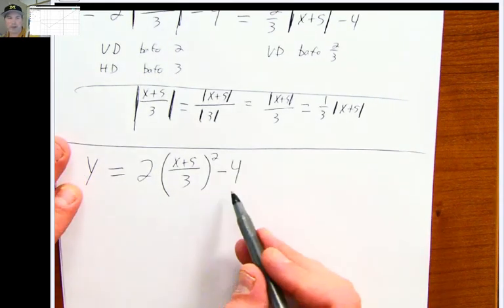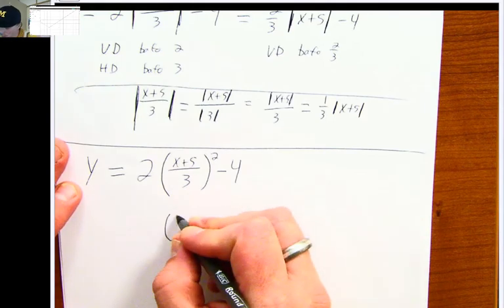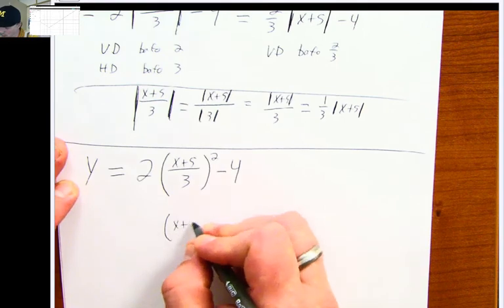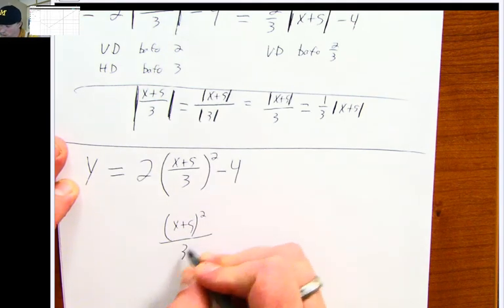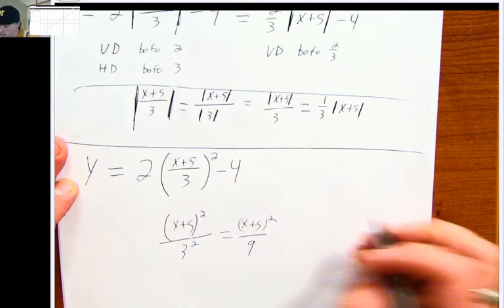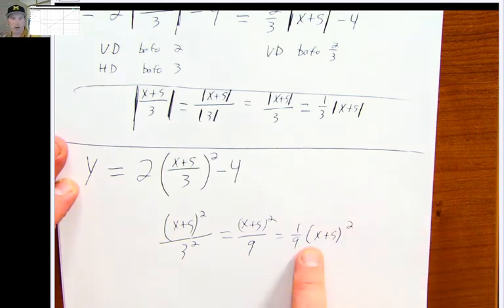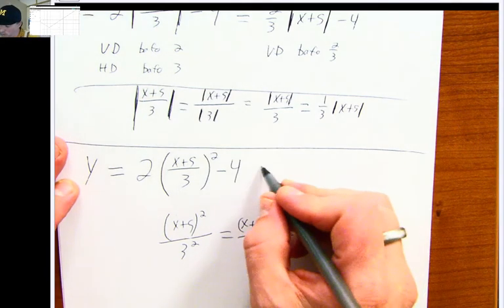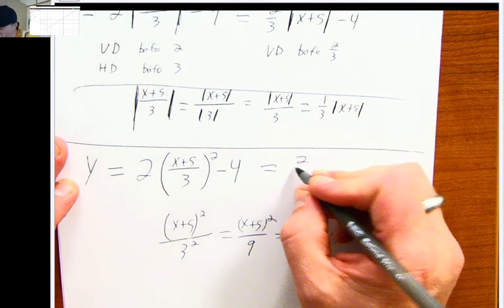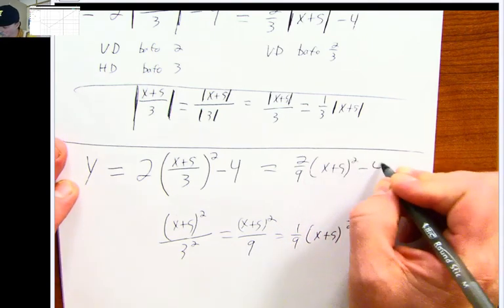So if this was my equation right here, same type of idea. (x plus 5) over 3, squared, can become (x plus 5) quantity squared over 3 squared, which becomes (x plus 5) squared over 9, which would become 1/9 times (x plus 5) quantity squared. And if I multiplied it by this 2, I'd get 2/9 times (x plus 5) quantity squared, minus 4.